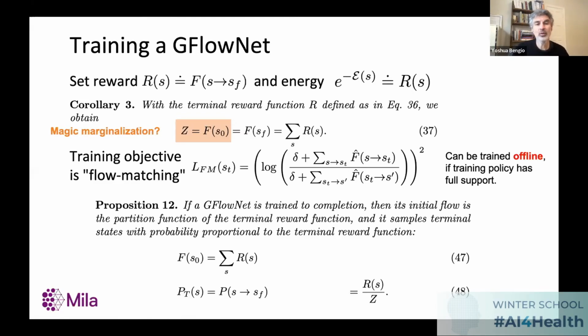In other words, that samples configurations in proportion to the reward function. And that's pretty extraordinary. In addition, it tells us the partition function of that reward function. It estimates the intractable sum over all the possible molecules, say, of the reward in the flow of the initial state.